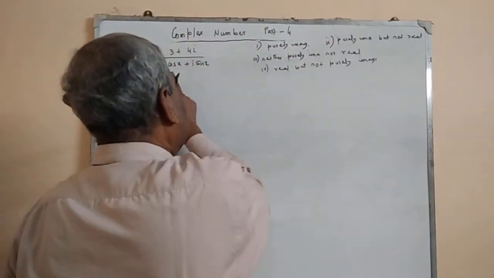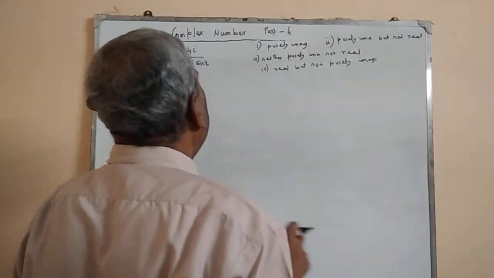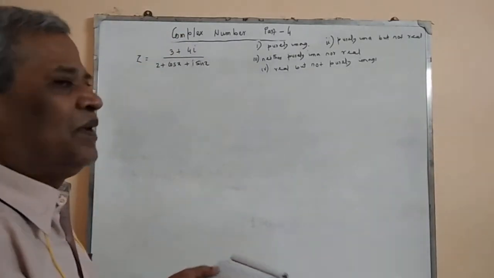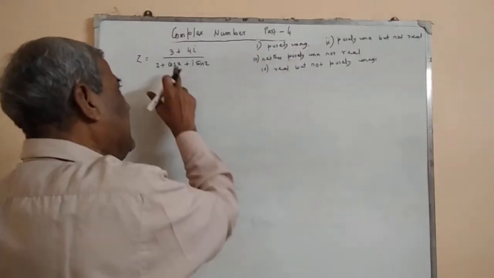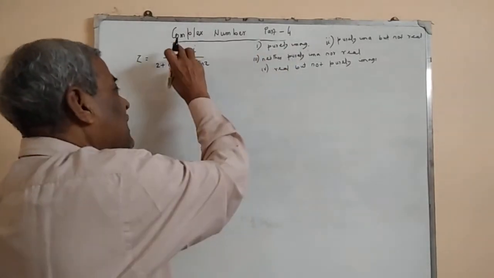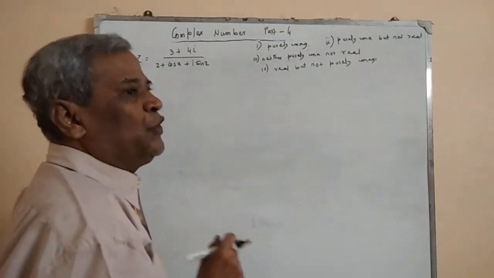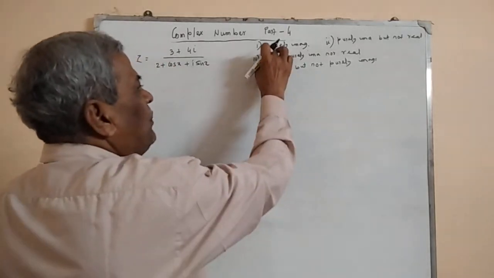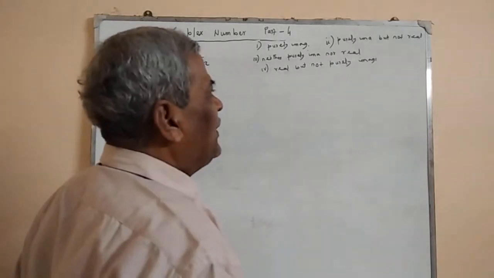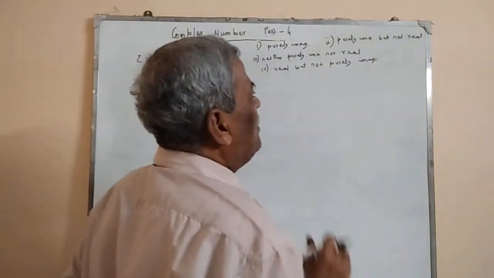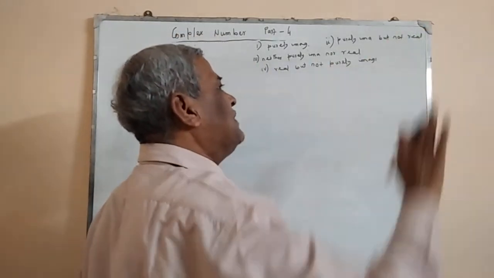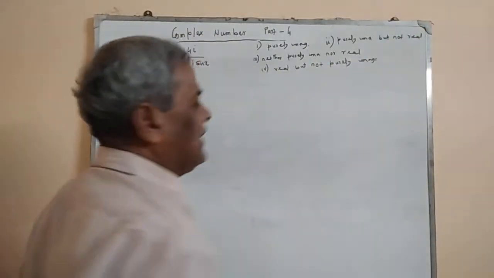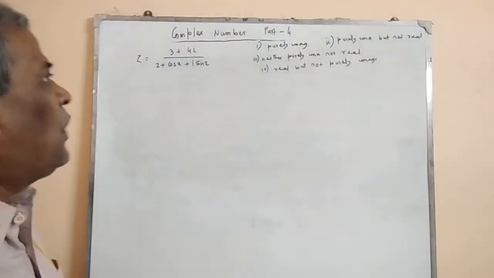Number 1 is z can be purely imaginary, which means its real part can be 0. If it is 0, then it will be purely imaginary. The second option, purely imaginary but not real: it cannot be real, but it can be purely imaginary, and so on. These are the merits of the problem.